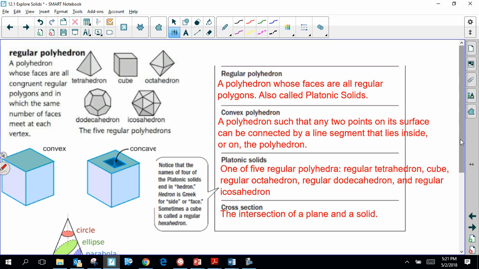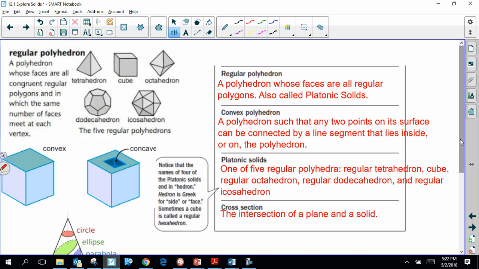I mean, there's kind of back and forth with what a regular polyhedron is and what a Platonic solid is. It is possible to have other polyhedrons that are, for instance, an icosahedron, but they may not be made up of regular polygons, so it would not be considered a Platonic solid.